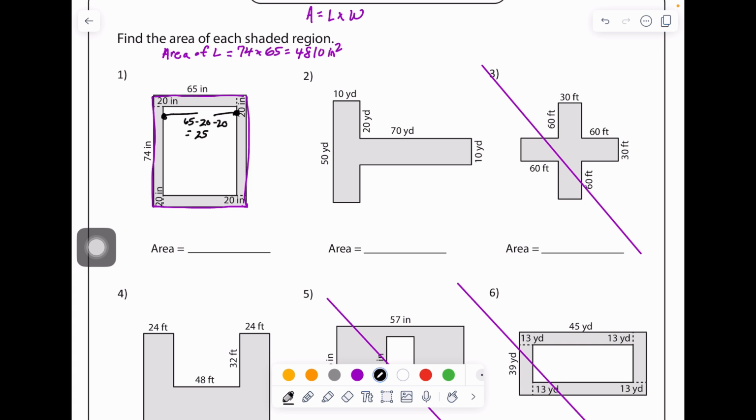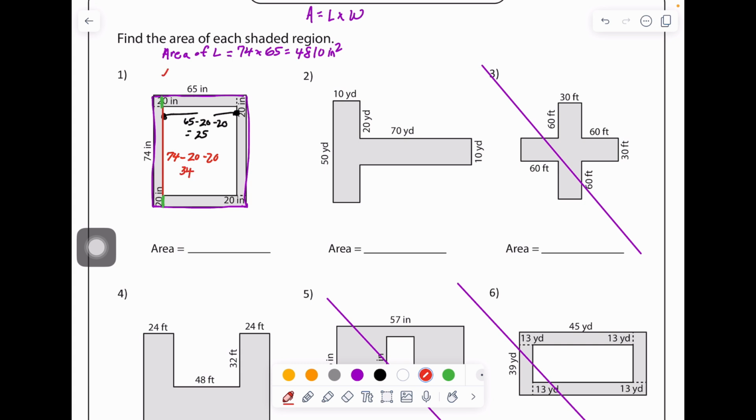Now the other number I need is this length. Again, I know the 74 is the purple section, but you have to take away 20 on each side. So I have to take away this green section of 20 and this green section of 20. So the red length would be 74 minus 40, which is going to be 34.